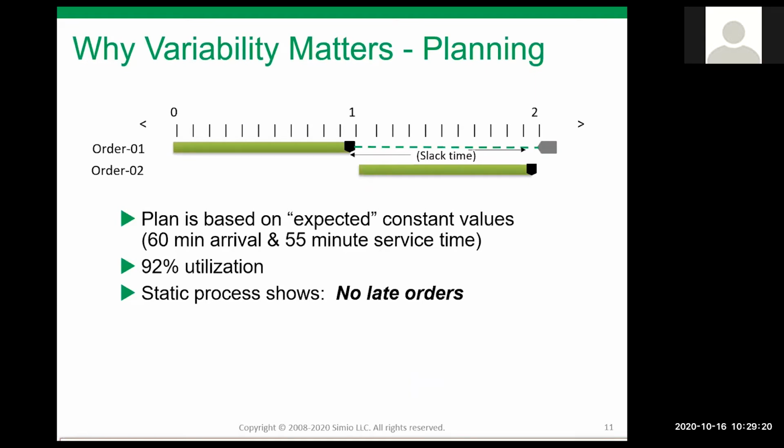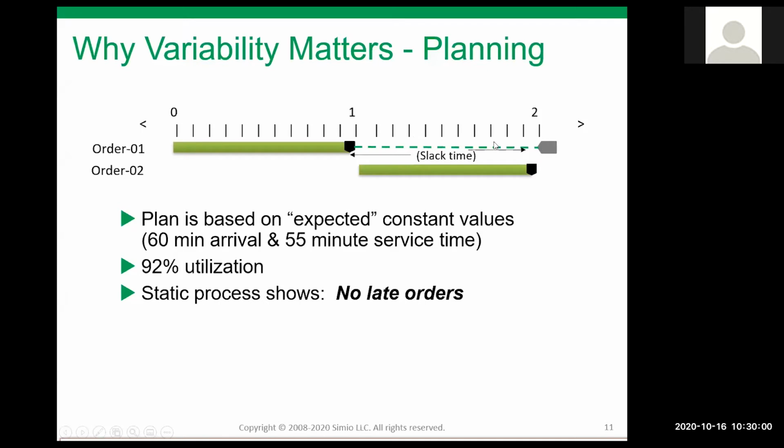Now, if you take that same thing from a scheduling standpoint, pretty much every scheduling product in the world generates a Gantt chart. The Gantt chart says, okay, I have my first order, it starts at this time, it ends at this time where the black symbol is, it's due, or I start paying penalties at this time, and I have this green dashed line as my slack time. So in this case, it's saying the first one comes in at 9 o'clock, he's done by 9:50, and then I have an hour and 5 minutes of slack time before it's due.